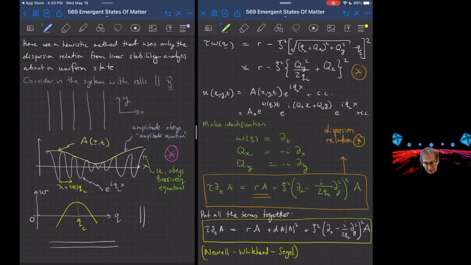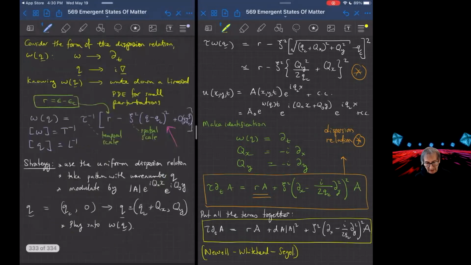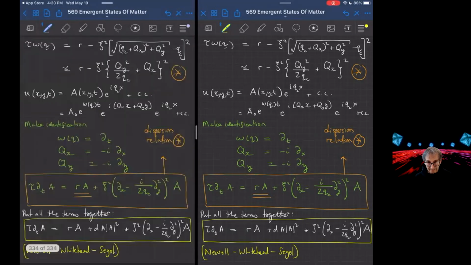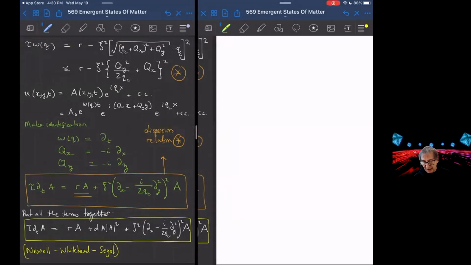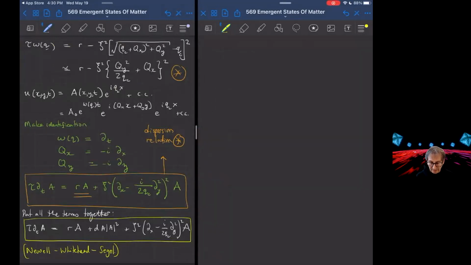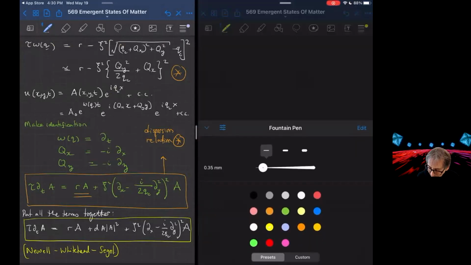One thing you may notice about this equation is that, of course, it's a bit scary. You notice that it is not symmetrical in x and y. So let's just make a quick comment about that.